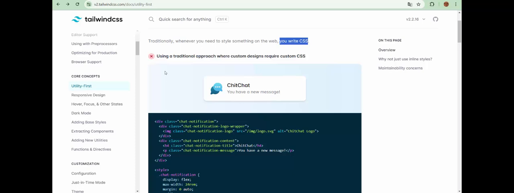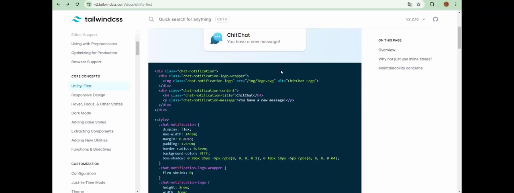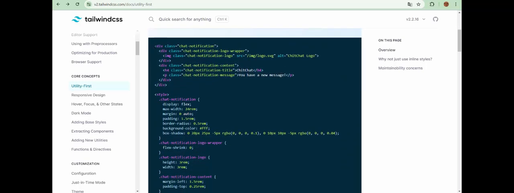Let's read. Using the traditional approach, where custom designs require custom CSS. Okay, here is an example. Here is an HTML structure. Every HTML element has a class, and this is the name of the class.